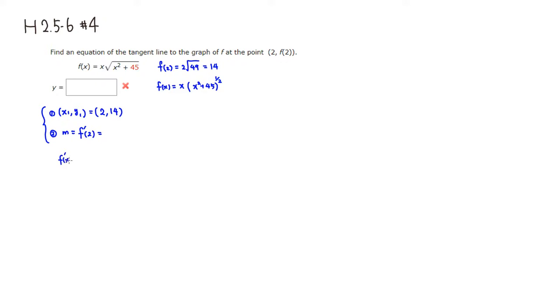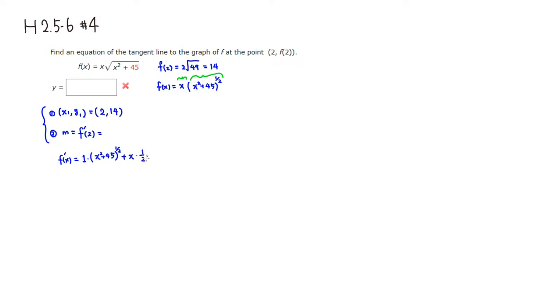We're going to apply the product rule first. This is the first guy, and this is the second guy. Take the derivative of the first guy, which is 1, times the second guy, so x squared plus 45 to the 1/2 power, plus the first guy, x, multiplied by the derivative of the second guy.